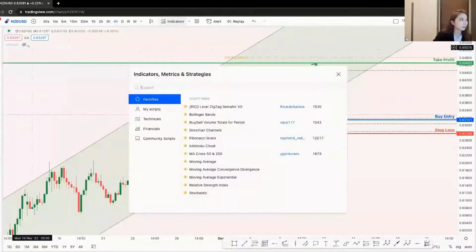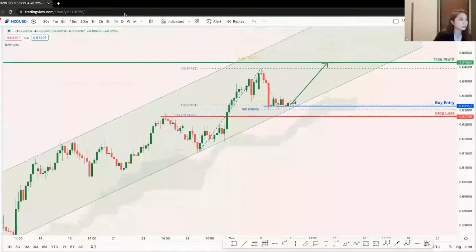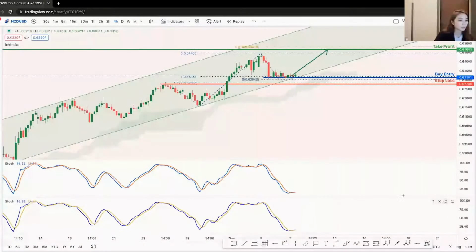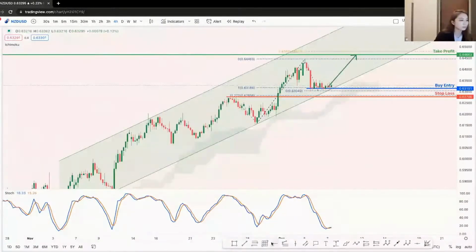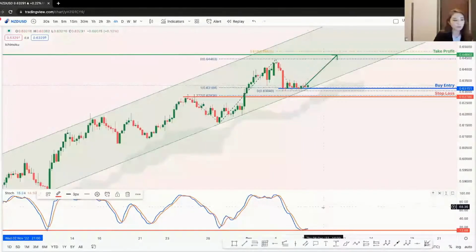Let's take a look at the Ichimoku cloud. Price is holding up nicely above the Ichimoku cloud. Let's look at stochastics. We can see that stochastics indeed has reached the bottom, looking at a very nice support line, a very high chance of it bouncing all the way up.